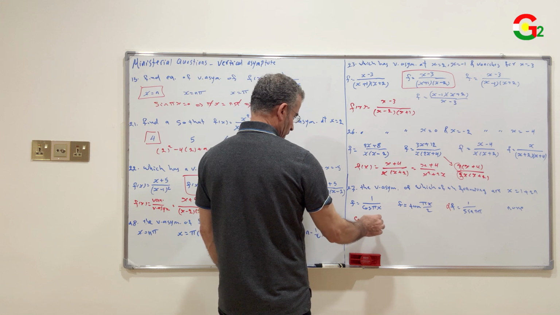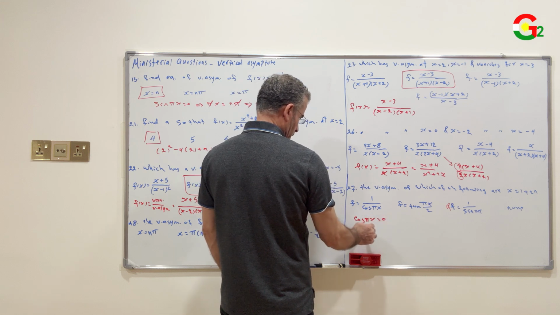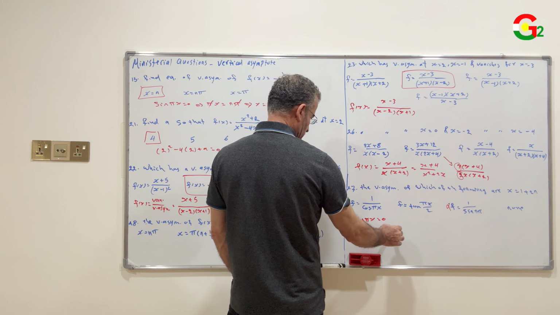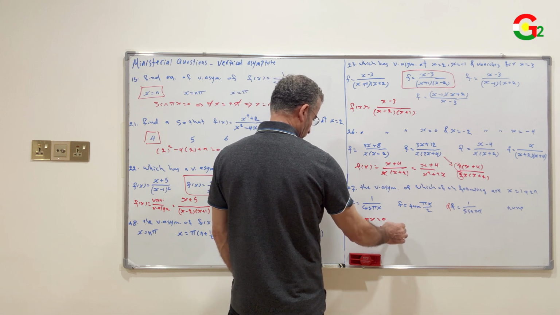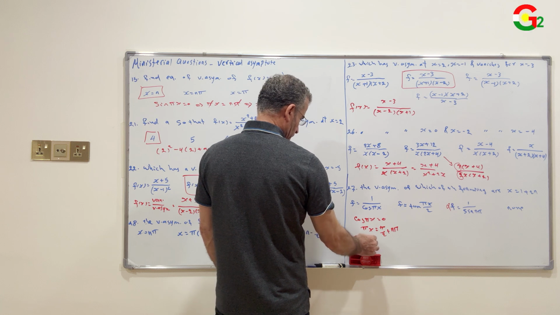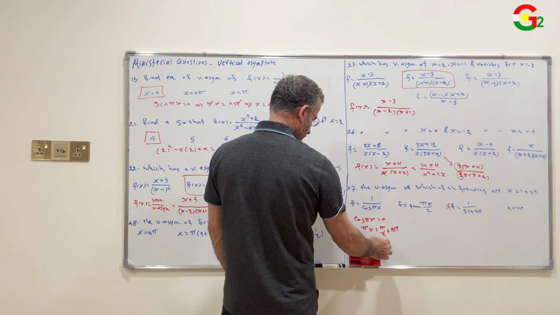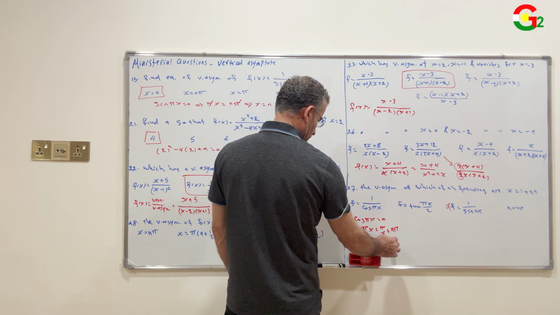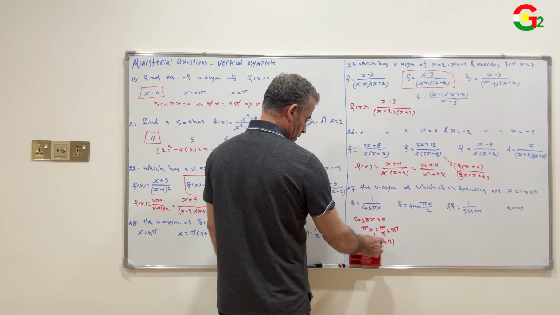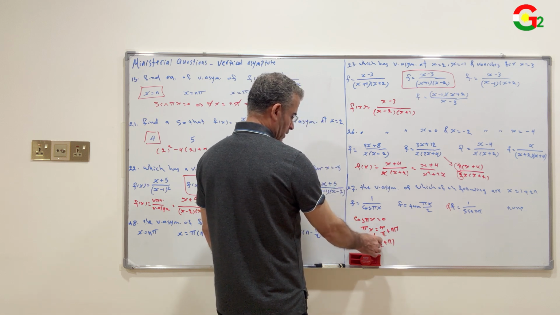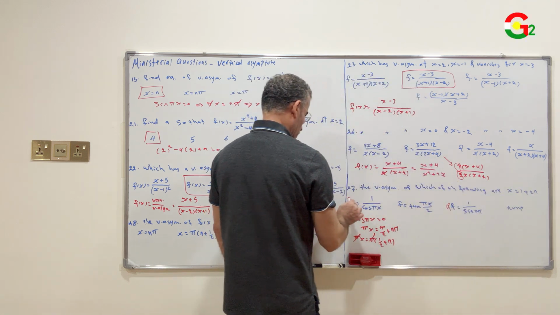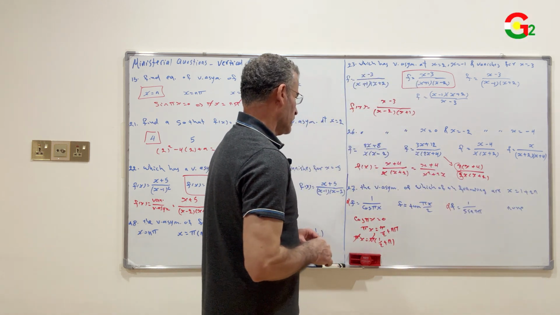Cosine pi x equals 0, then pi x equal to pi over 2 plus n pi. Then pi x equal, factorizing by pi, 1/2 plus n, pi with pi, x, the vertical asymptote is 1/2 plus n, which is not 1 plus 2n, and it is the wrong choice.